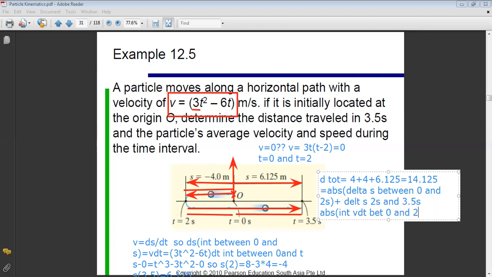And the same for the other phase: plus the integral of v dt between 2 and 3.5 seconds. Okay? Of course, the first method is much easier. No need to integrate, no need to do anything. I just directly look at the diagram and say it's 4 plus 4 plus 6.125.